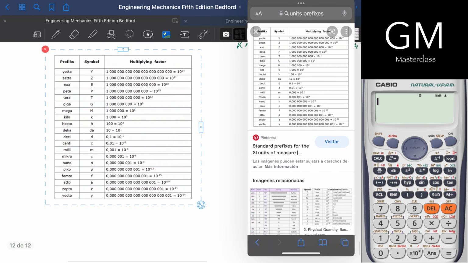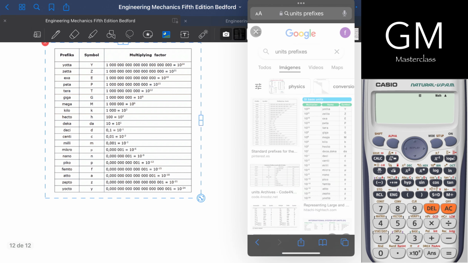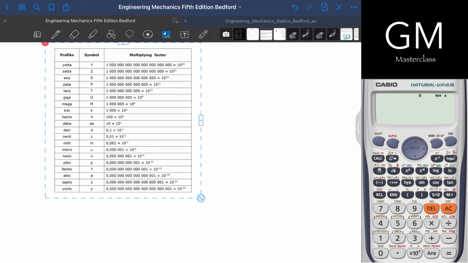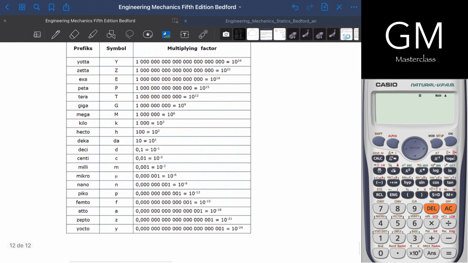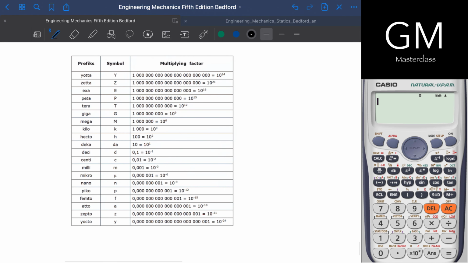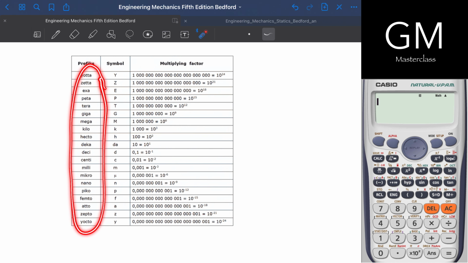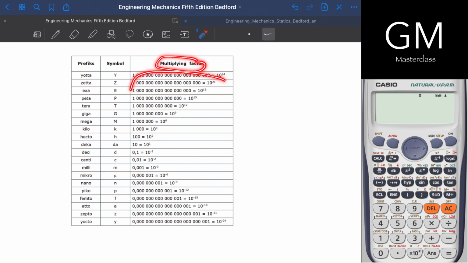Now, I'm going to find this chart. You see, I've looked for units prefixes. This chart is going to give me the equivalence between a lot of prefixes and their symbol right here, and the multiplying factor.